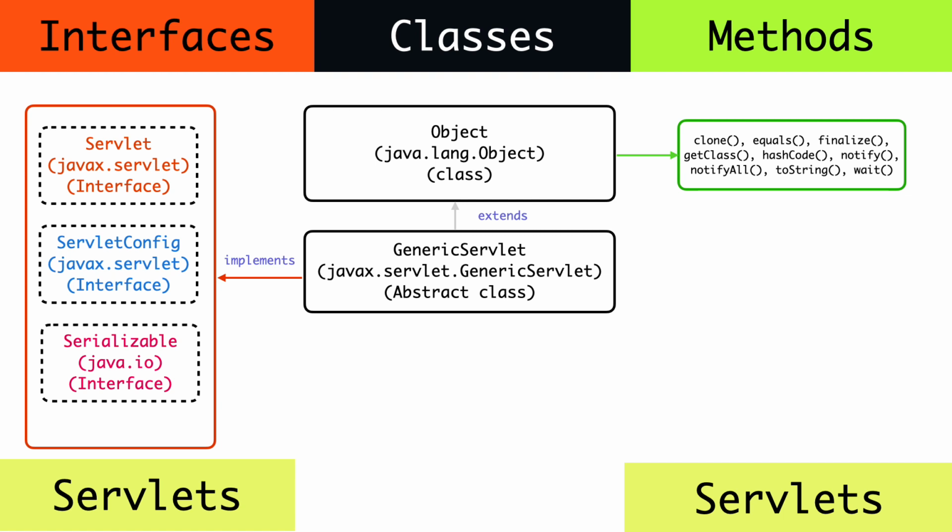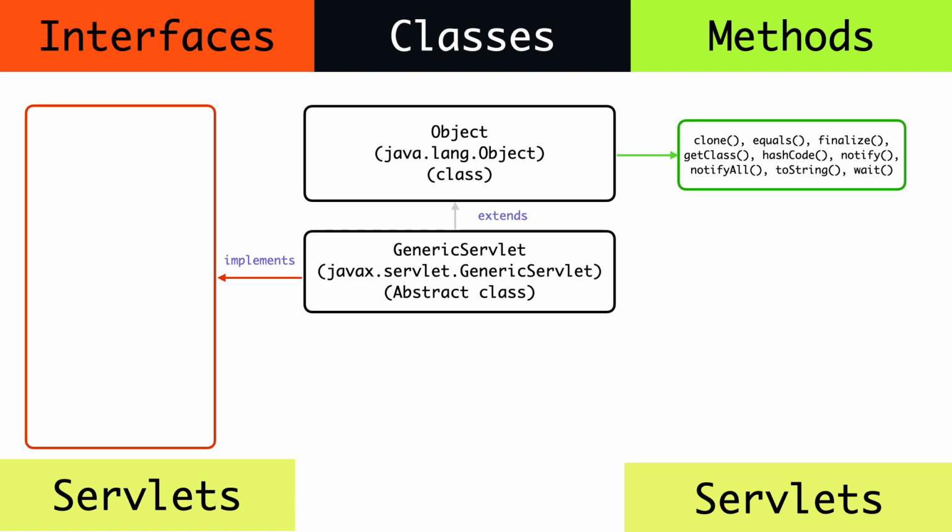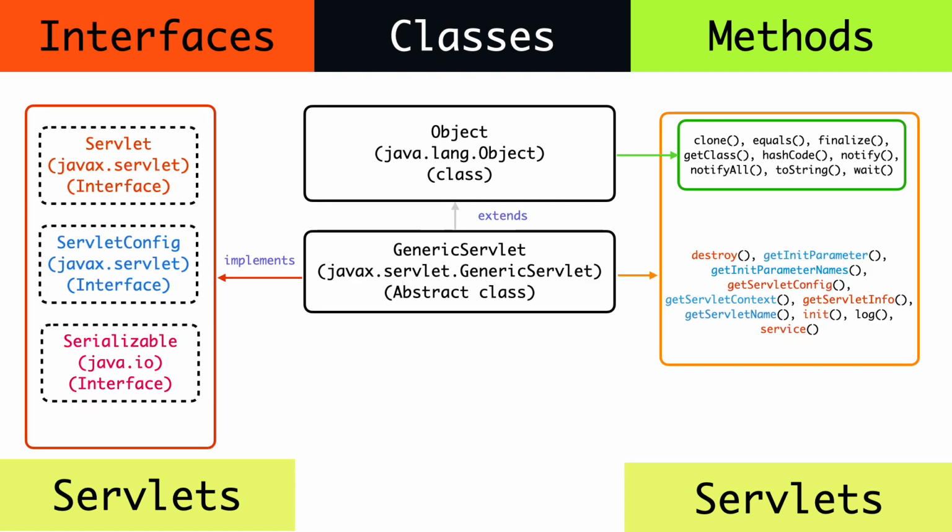Since it's an abstract class, it may or may not implement the methods, but the succeeding subclasses should implement the methods which are defined in these interfaces. So these are the three interfaces, and these are the methods which are part of GenericServlet. We have methods like destroy, getInitParameter, getInitParameterNames, getServletConfig, init, service, log.